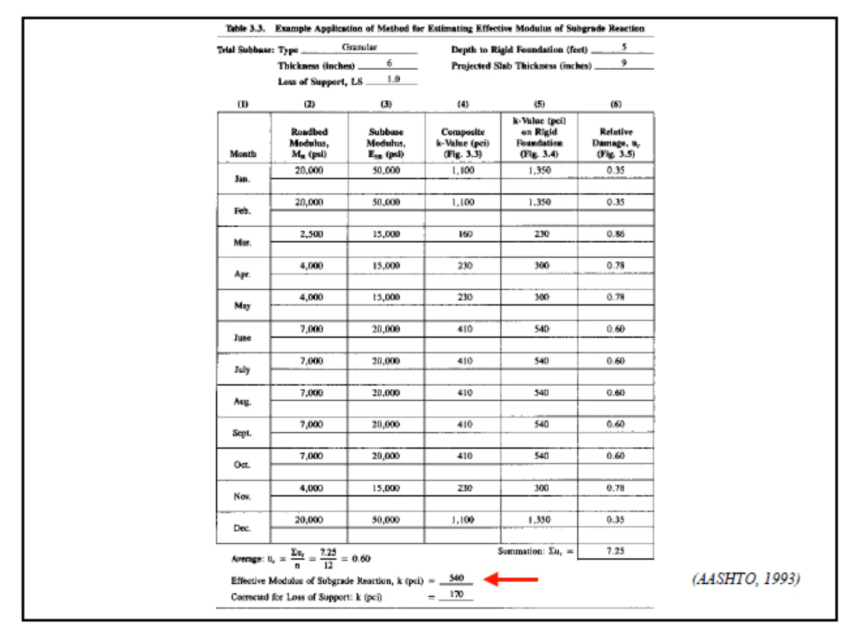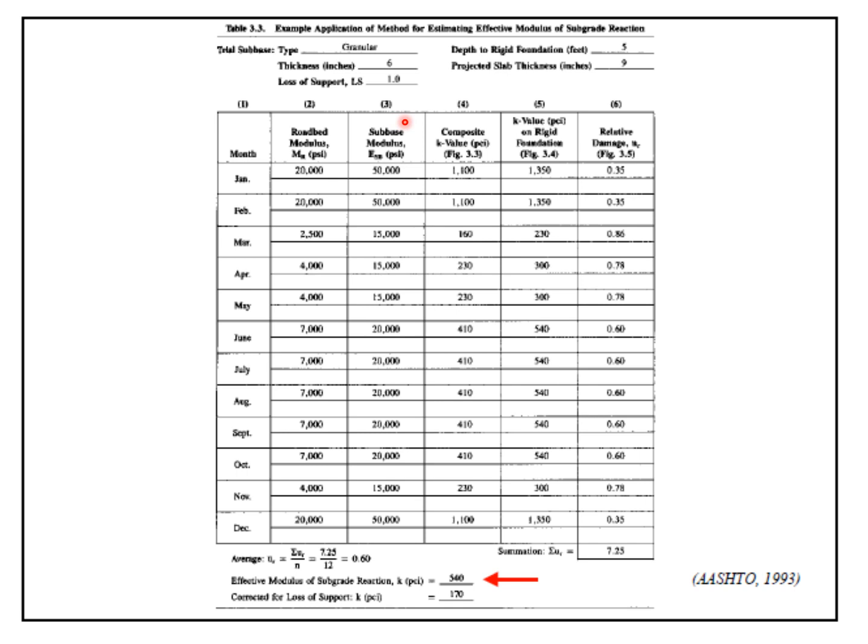Now in this particular slide you can see the example, and you can see 12 months are mentioned, and then look at columns 2, 3, 4, 5 and 6. We have already discussed these columns. If you recall, column 2 is the roadbed modulus M sub R in psi.